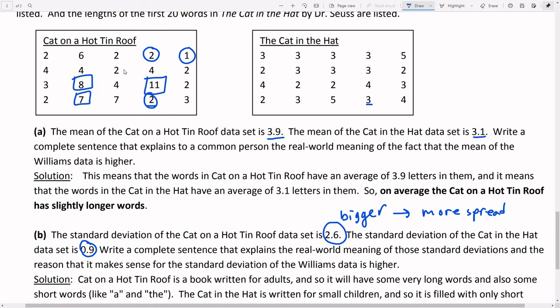But if you look at Cat in the Hat, not really, right? Look, I got some 3s, some 2s, some 3s, some 2s. I got a 4. Okay, I even got a 5. But that's not really that far from 3 and 4 and 3 and 2. They're very similar. So that's it. That's what these are saying, right? These words are all similar in size.